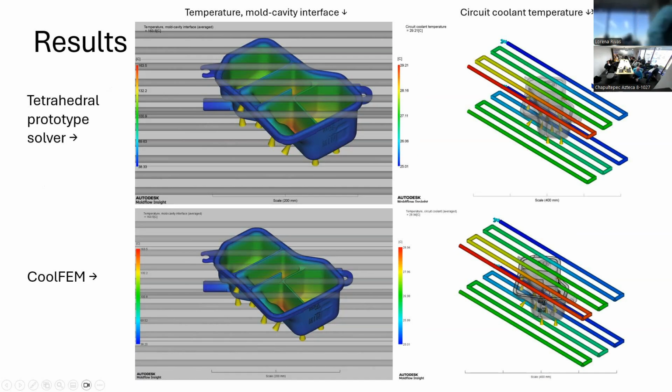In this particular case, we have the mold cavity interface. This is comparing the mold temperature distribution on a TET mesh, and this is with the new Cool Frame solver we are creating. There's very good correlation here. I expect this to go out first as a technology preview, so additional functionality we're offering in a commercial product for feedback.